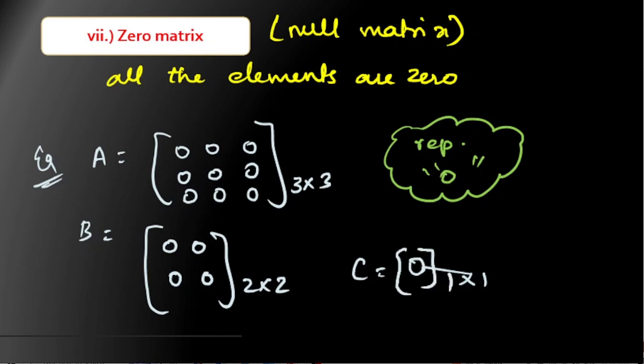Now let us move to the equality of matrices. What is equality of matrices? For example, you have the matrix A with elements Aij, and the B matrix with elements Bij, that is, 1 1, 1 2, 1 3.